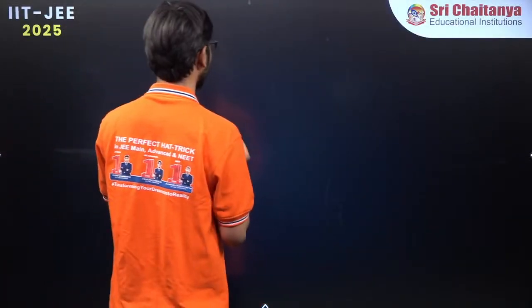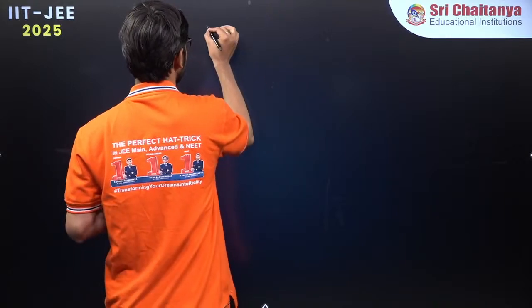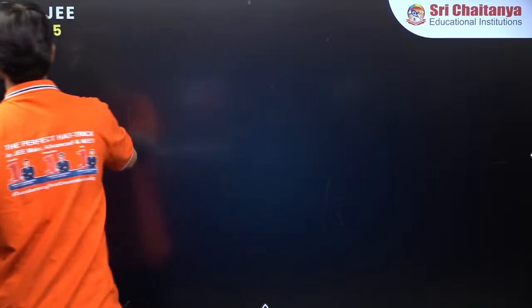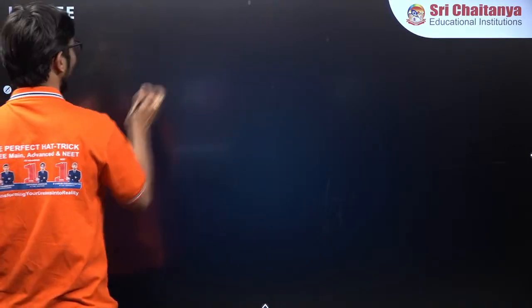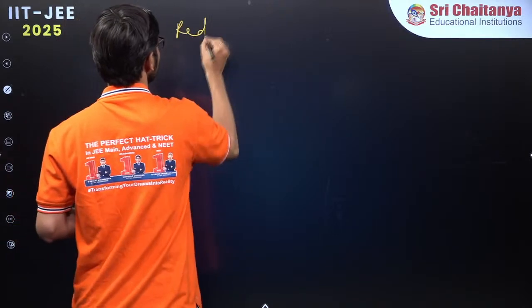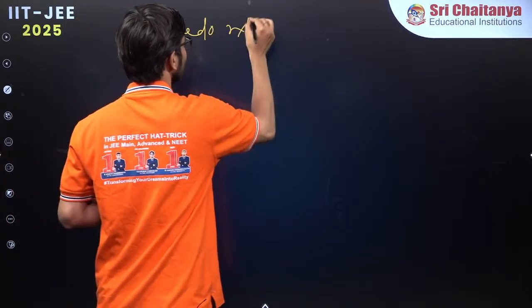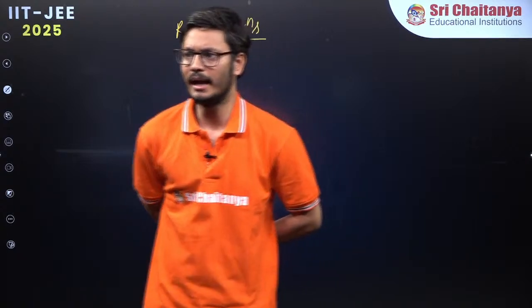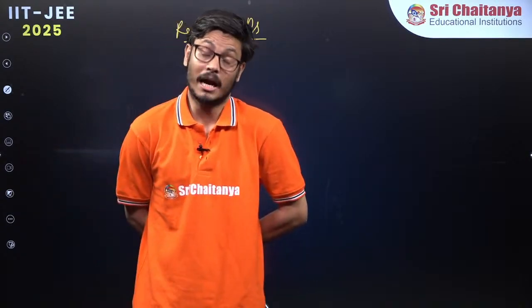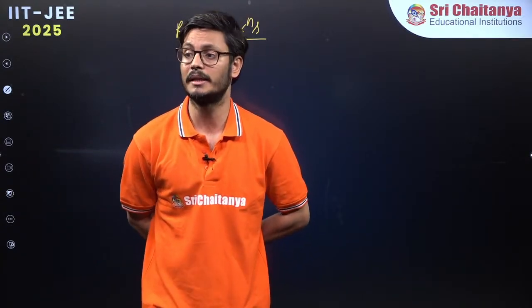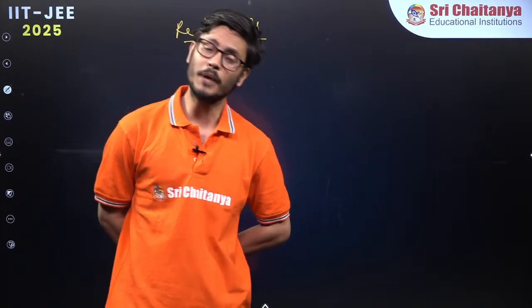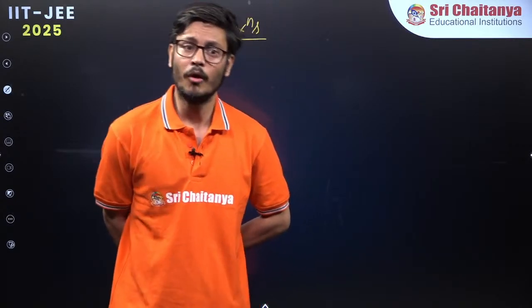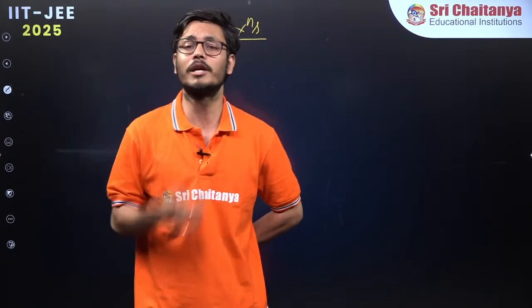In today's class, we are going to learn the concept of redox reactions. First we learn redox reactions, and then we will understand oxidation number, and once we understand the oxidation number, we'll go to different types of redox reactions.